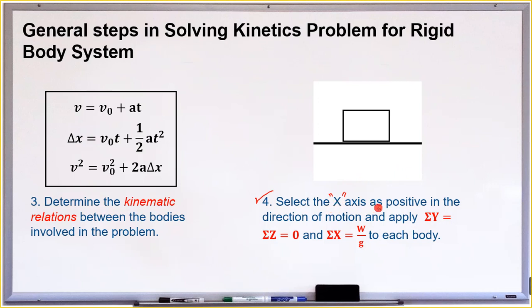Okay, so select the x-axis as positive in the direction of motion. Earlier, we already determined the direction of motion for our object here, that is towards the right.